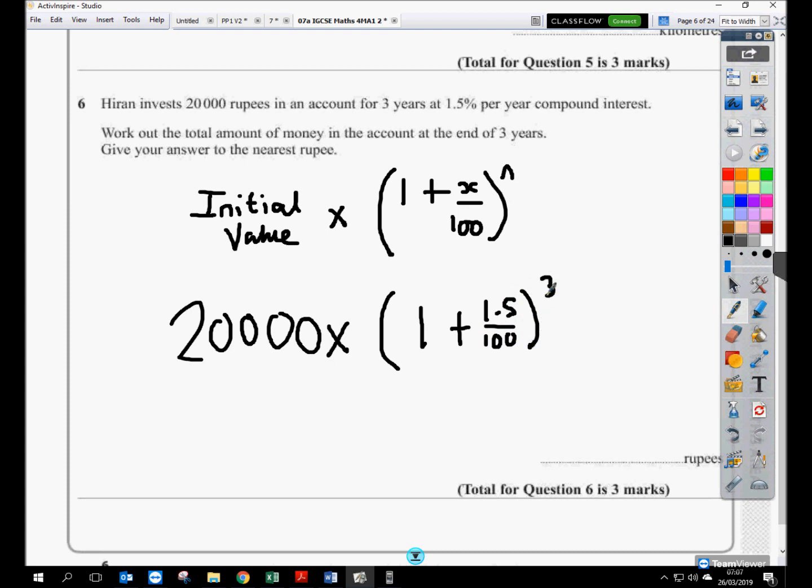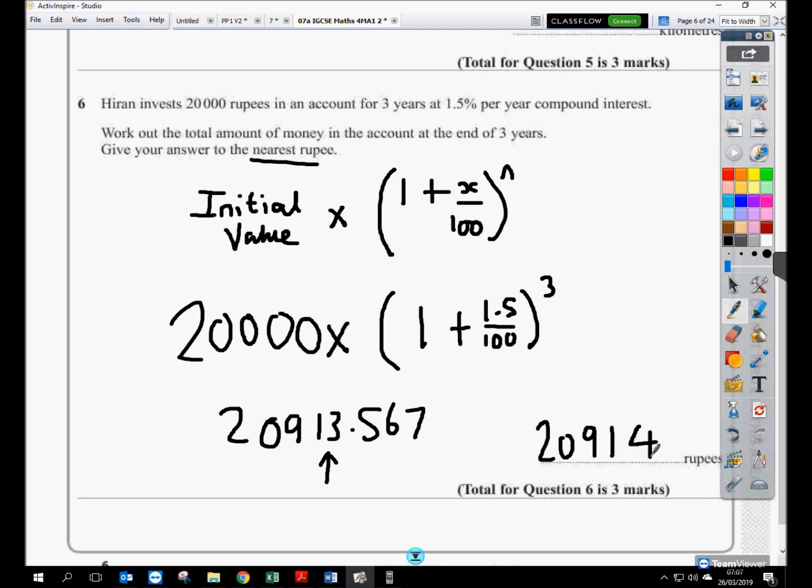And it's all raised to the power of 3. Work out the total amount of money in the account at the end of 3 years. So if we type this in the calculator, we end up with 20,913.5675. And if you give your answer correct to the nearest rupee, that's the nearest whole number, so 20,914. Because the 5 makes the 913 round up.